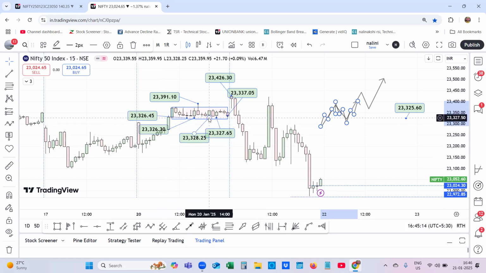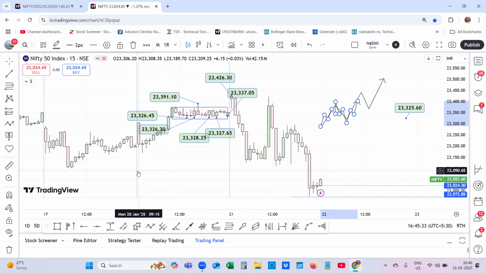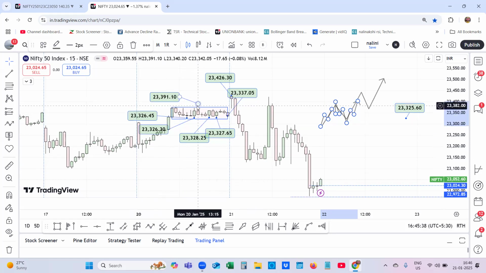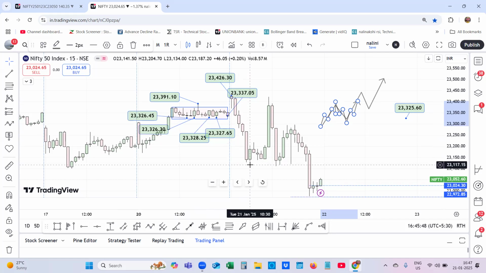So you are seeing in the range, after making a high of 23,391, it made a higher low, 327.65. Finally, the market closed around 23,337. In this part, nobody would have made out that this gap up to the upside would create such a huge fall in the market.